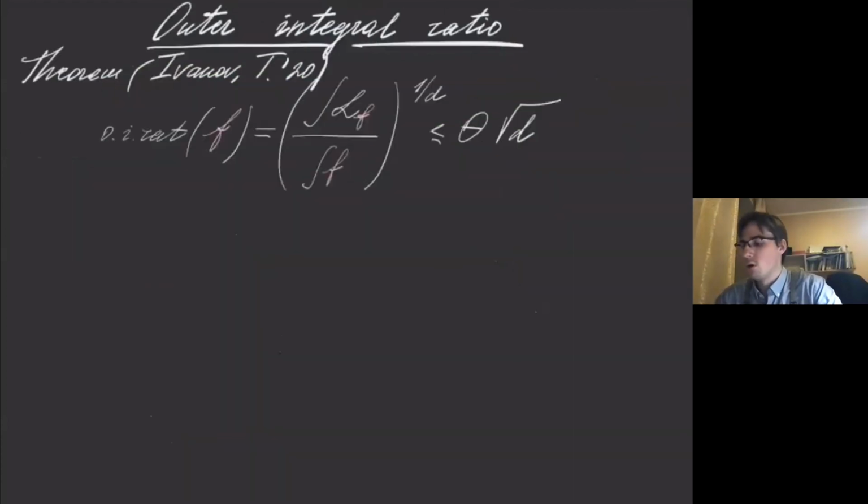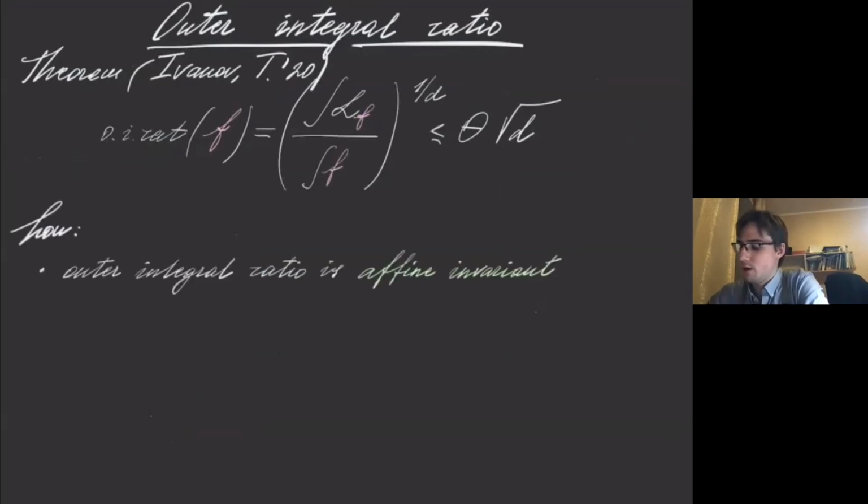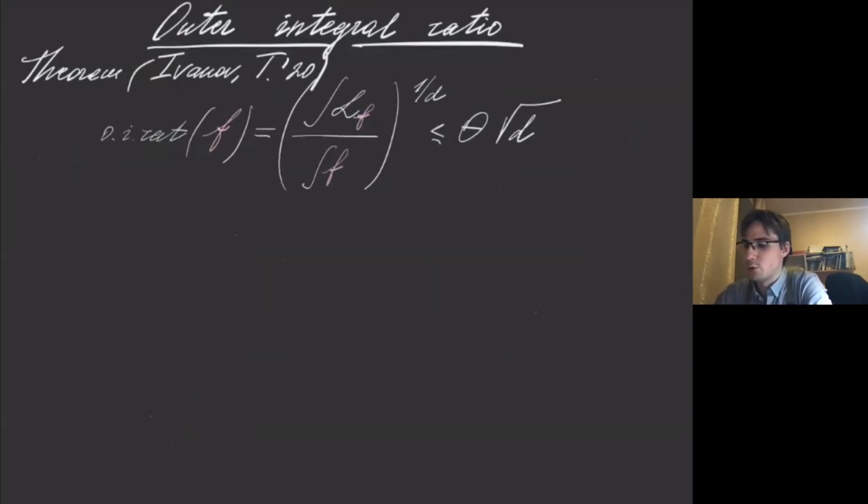The pearl of the talk and of this paper actually is the upper bound on the outer integral ratio. So let me tell you the sketch of the proof. Now I'm going to tell you how this upper bound was obtained. But first, let me explain why it is interesting, actually.